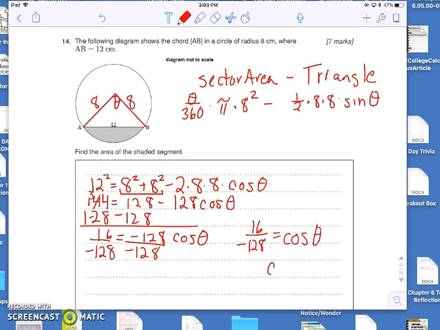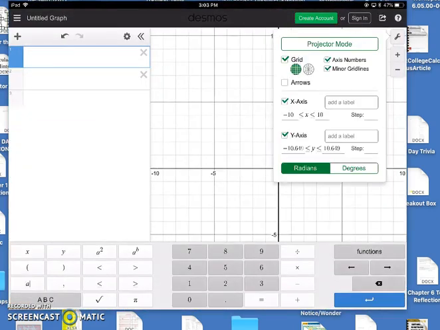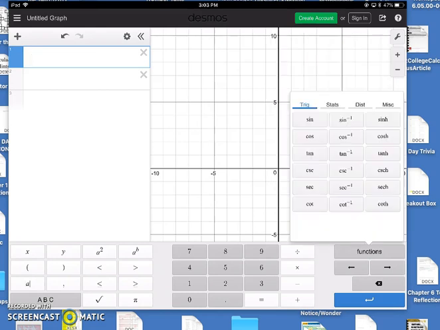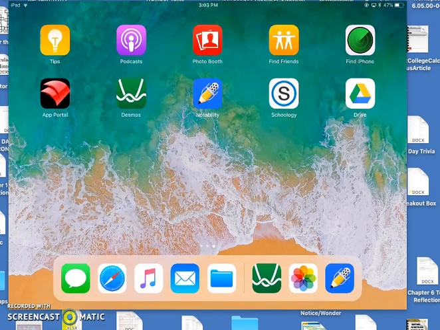And then we have to do our inverse cosine to find our angle. I'm going to switch this into degrees. Inverse cosine, 16 divided by negative 128. 97.2 degrees.